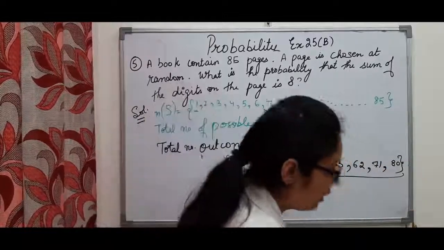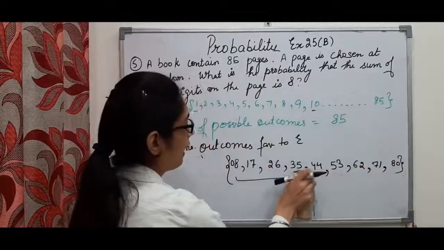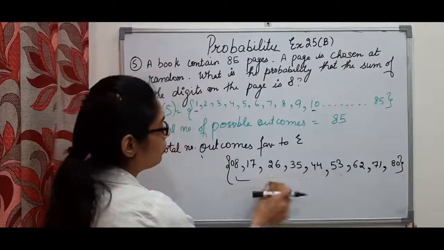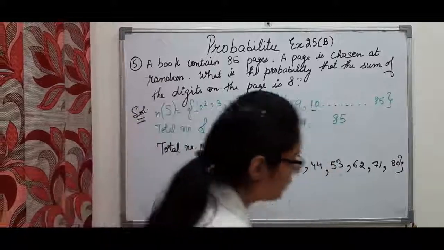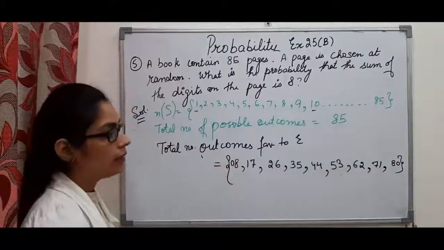So this is the way you can find your numbers, and if you want, simply by adding also, by checking also, you can find the numbers. So these are the required numbers which are favorable to our E.